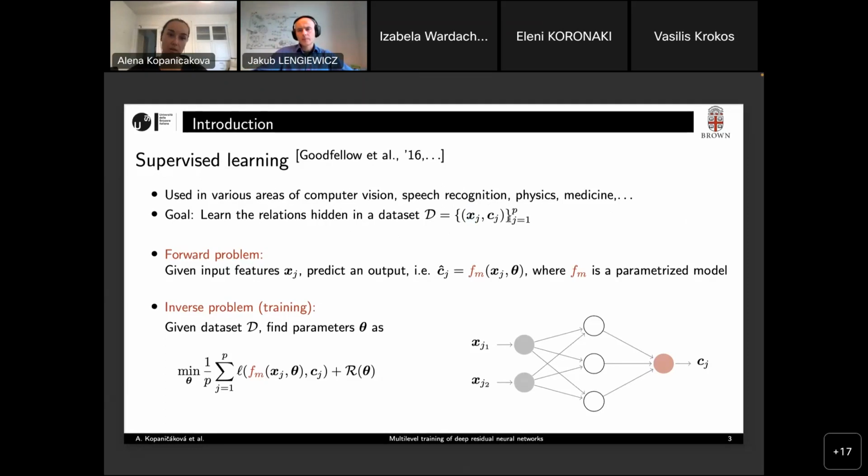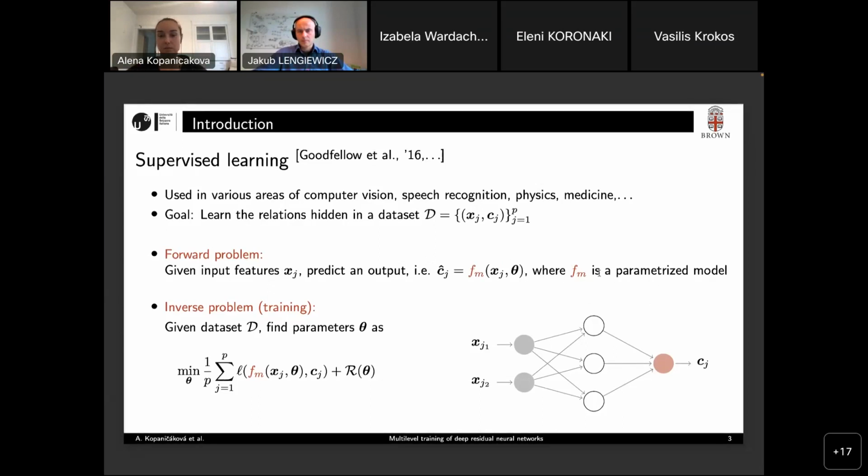In general, supervised learning is associated with two types of problems. We have the forward problem, where for a given input feature, our goal is to predict its output. This is done by using some parameterized model f_M, and the type of model depends on the network architecture we employ. It can be a simple single layer perceptron or a very deep network with a lot of layers.